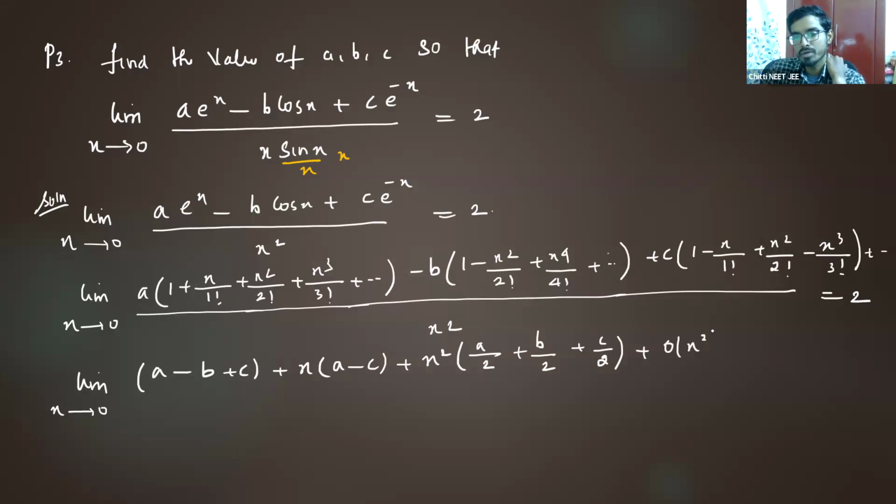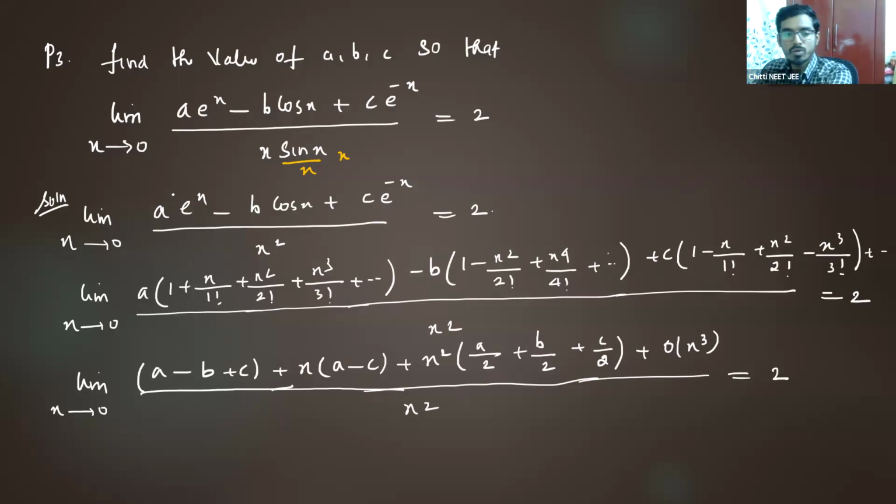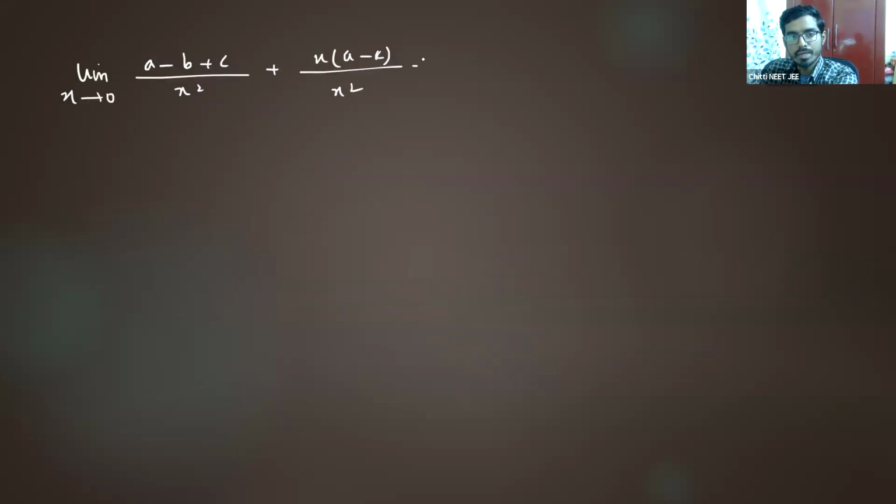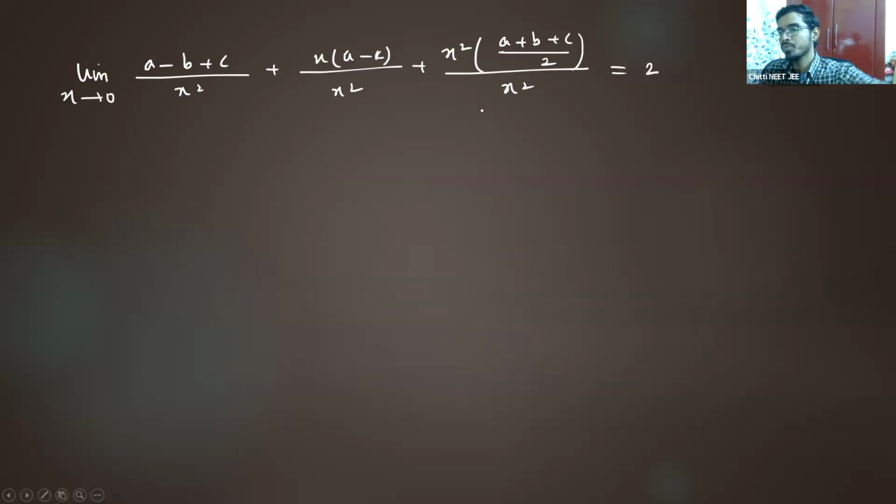I'll just put order of x cube, whole divided by x square, and we know this limit is equal to 2. Now divide separately. The limit as x tends to 0 of (a minus b plus c) divided by x square, plus x times (a minus c) divided by x square, plus x square times (a plus b plus c by 2) divided by x square, is equal to 2.